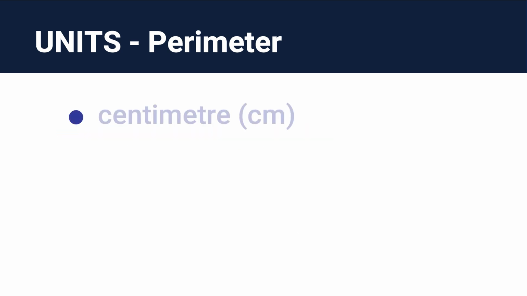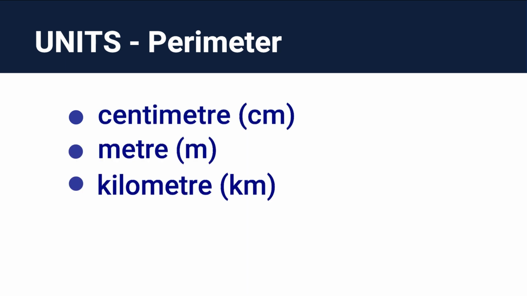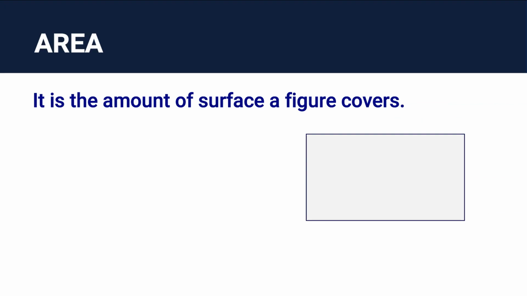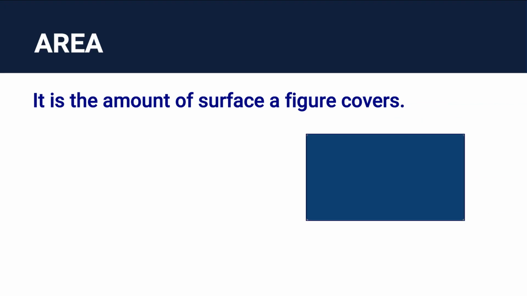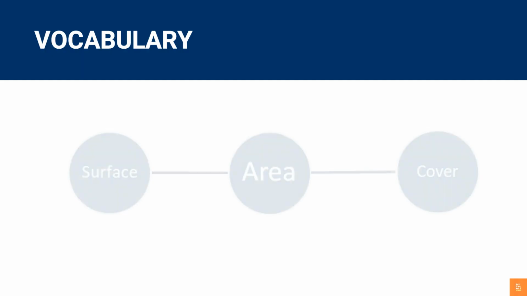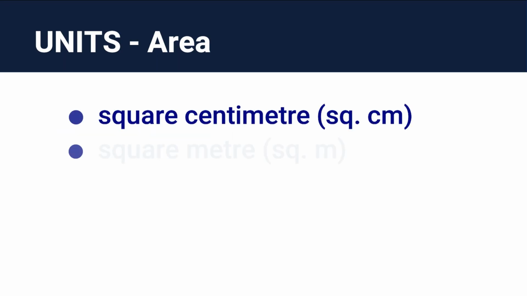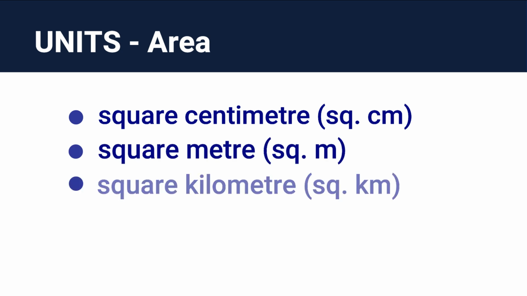Units: centimeter, meter, kilometer. Area. Area is the amount of surface a figure covers. We can say how much is needed to cover an object. The vocabulary of area includes surface and cover. Area is measured in square units: square centimeter, square meter and square kilometer.